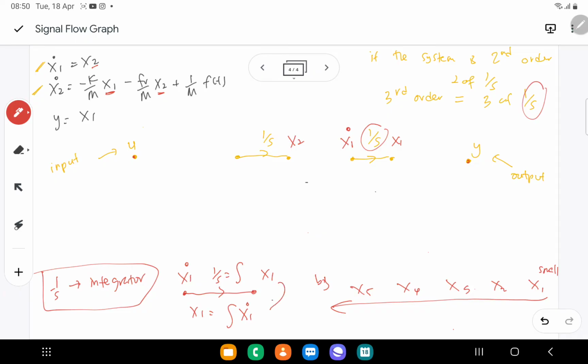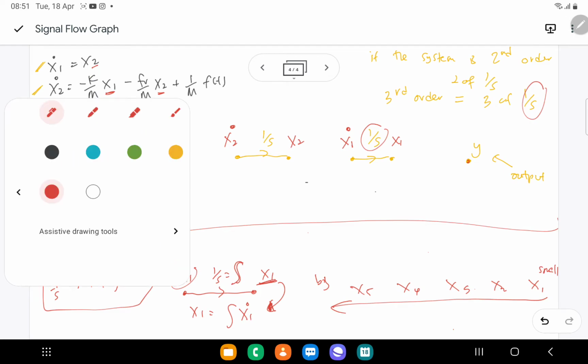This is the meaning of this signal flow graph. So for sure in this case it should be x2 dot, right? Done. So this is the base structure you must develop first.